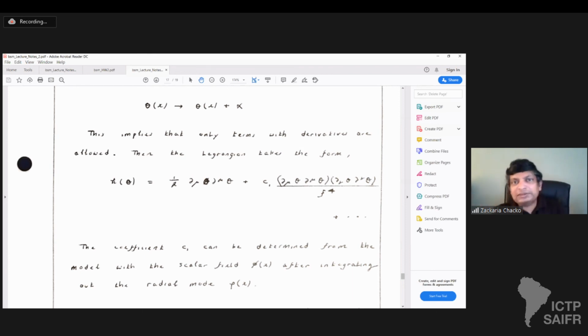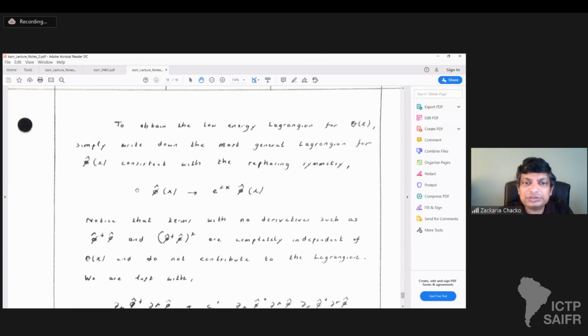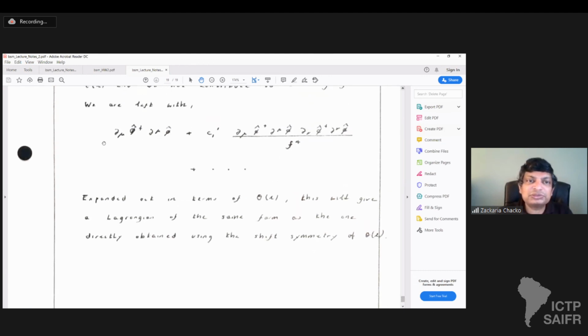So you can either start with theta and write terms which are invariant under the shift, or start with phi hat, write terms which are invariant under the rephasing, and then expand those terms out in terms of theta. Whichever way you do it is going to give you the same answer.